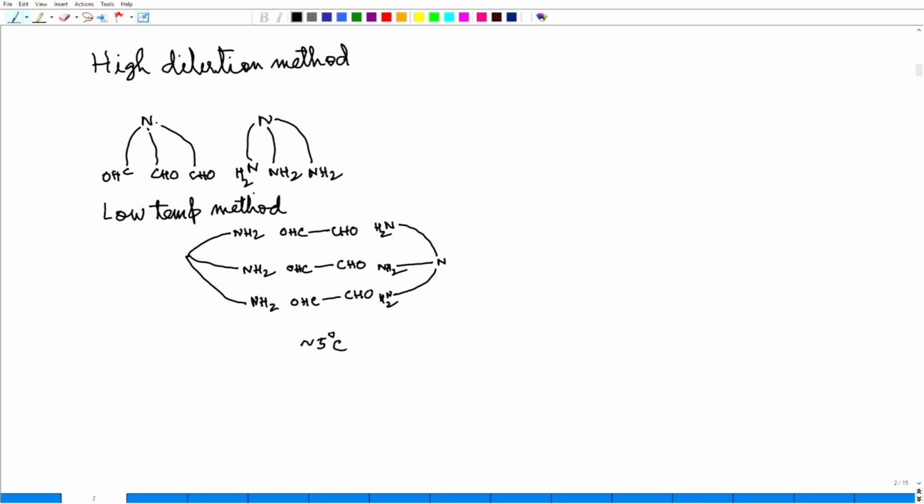So, in the low temperature method, what happens, this amine, let me put, suppose I am taking care of this amine.